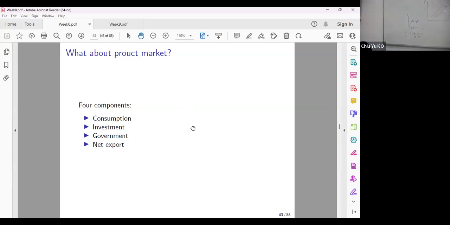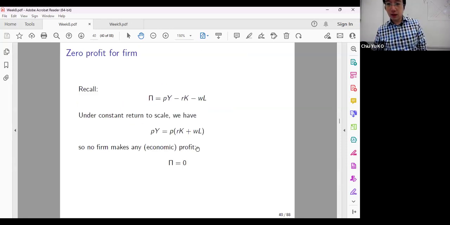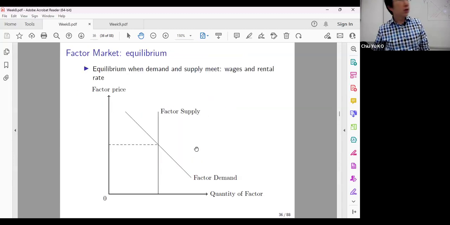So, let me quickly finish the classical model. Basically, let's go back to this one again quickly. What the classical model would say is that the supply of labor, for example, is vertical because it depends on how many population you have.